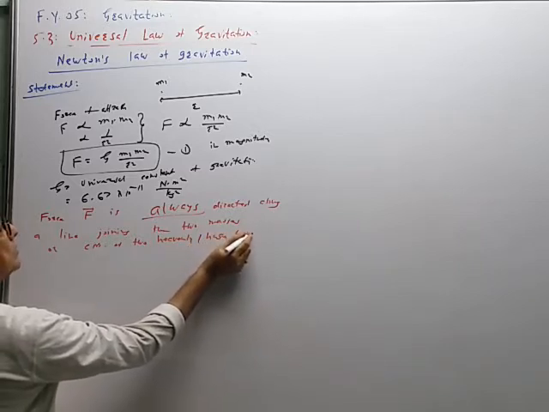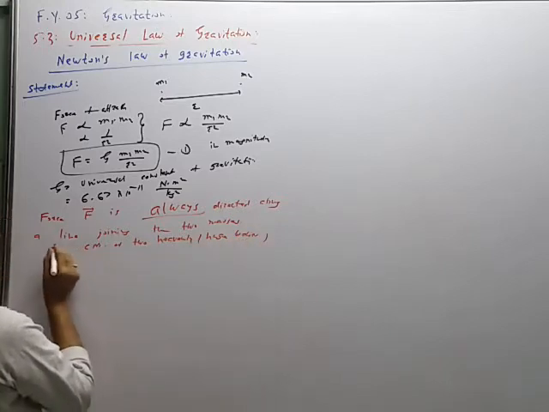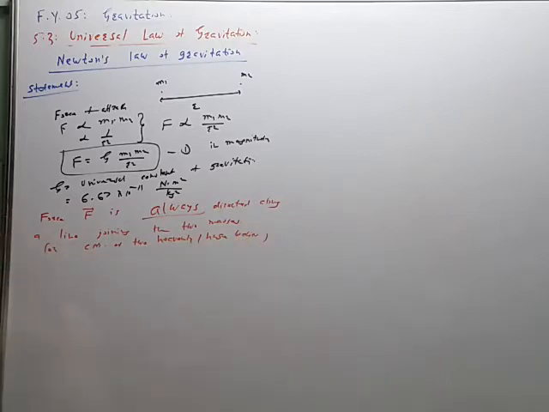If the size of the body is very large, then we will take the line joining their centers of mass, like this. So this is the magnitude, this is the direction.